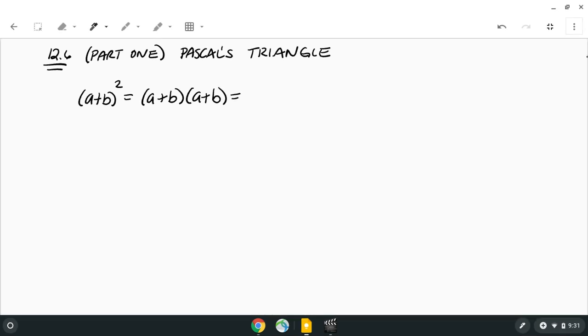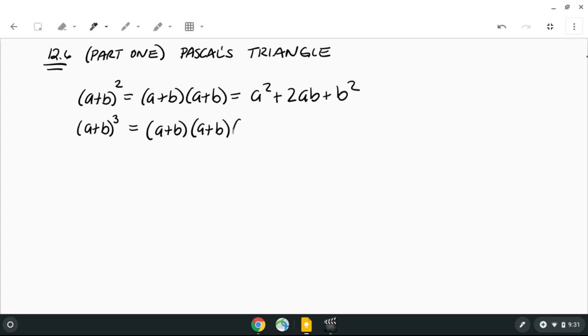And maybe you already memorized that it's going to be a squared plus 2ab plus b squared. Great. Okay, let's take a look at a plus b raised to the third power.